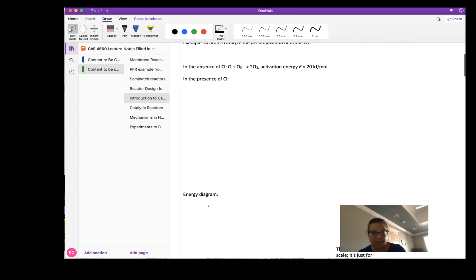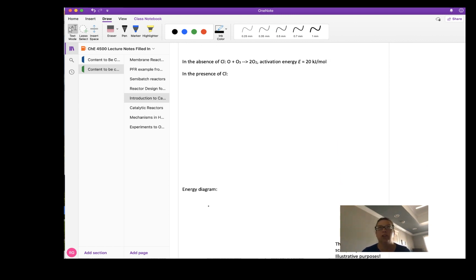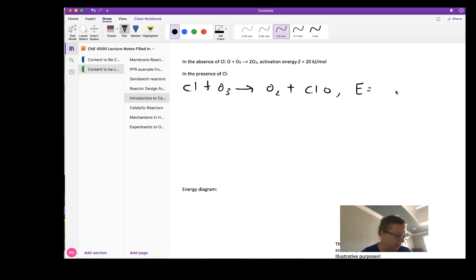Chlorine acts as a catalyst in the conversion of ozone to oxygen. So chlorine plus ozone goes to O2 plus a chlorine oxygen complex, and this has an activation energy of 1 kilojoule per mole.